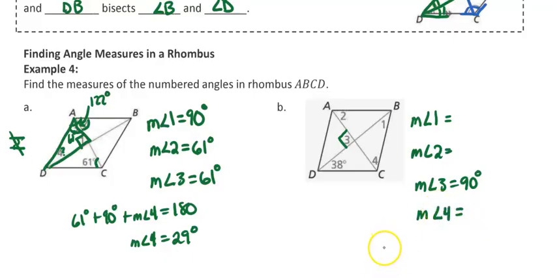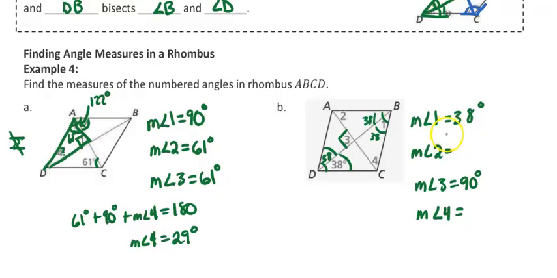Another thing I know is that 38 degrees is going to be congruent with this angle. And so that makes this whole angle 76. So this angle over here, angle B, is also 76. That means these will also be 38. So angle 1 is 38 degrees.